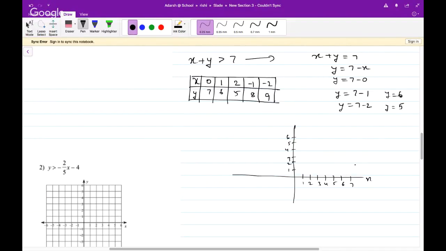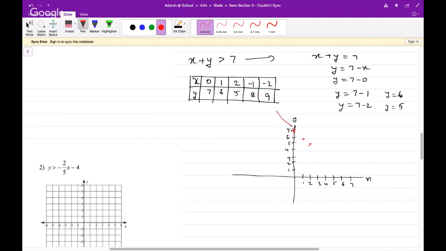This side is x and this is y. So when x is 0, y is 7. So this is the first point. When x is 1, y is 6. So this is the second point. When x is 2, y is 5. This is the third point. Now join these.